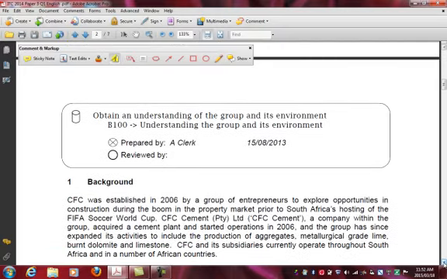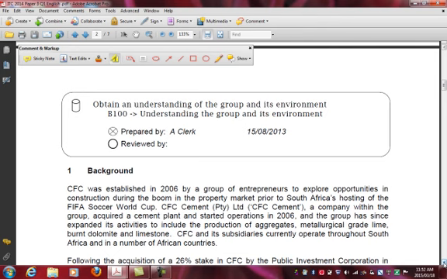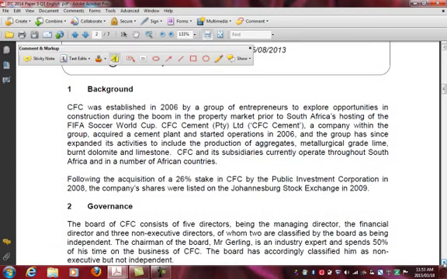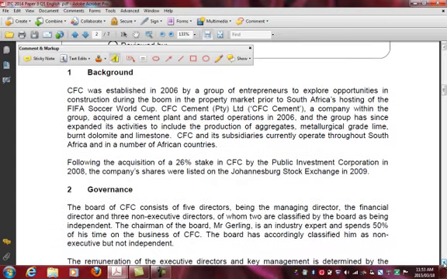If we have a look at the first document, obtain an understanding of the group and its environment. For the background, CFC was established in 2006 by a group of entrepreneurs to explore opportunities in the construction during the boom in the property market prior to South Africa's hosting of the FIFA Soccer World Cup. Okay. So they've been in existence for about 7 years.